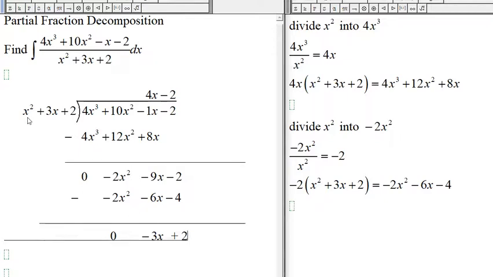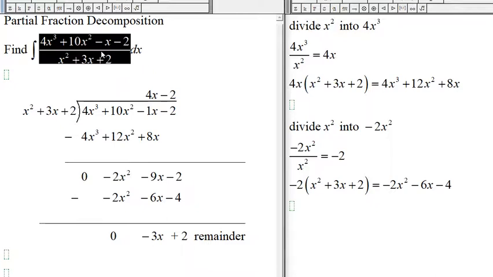And so this is x squared, and this is x to the first, and we cannot divide anymore. So this is called the remainder. And to write the remainder, we write it like this.